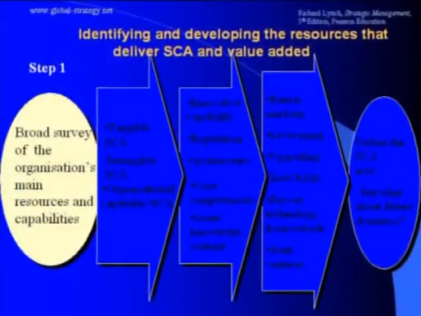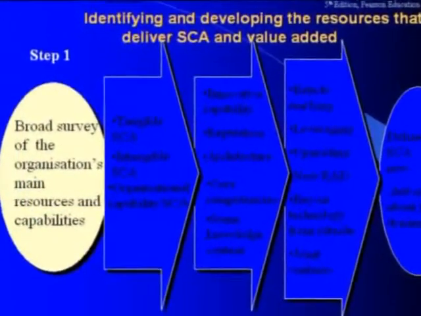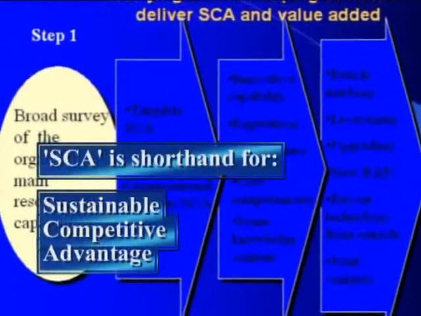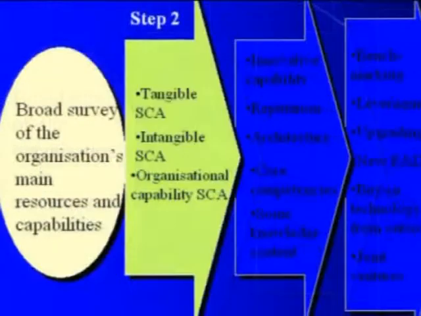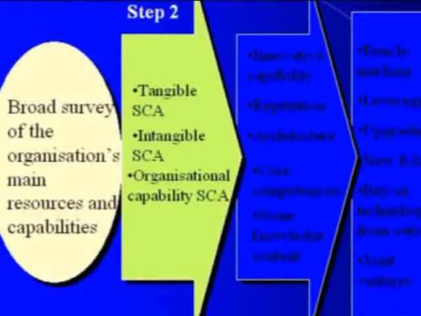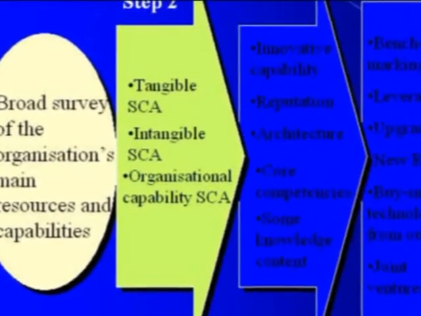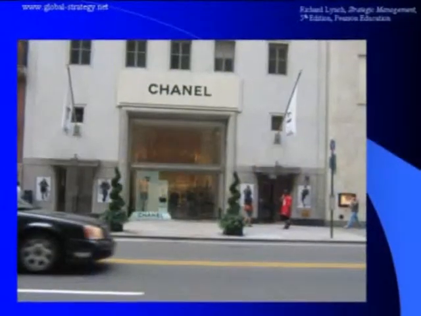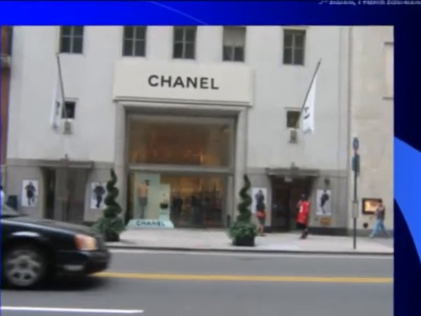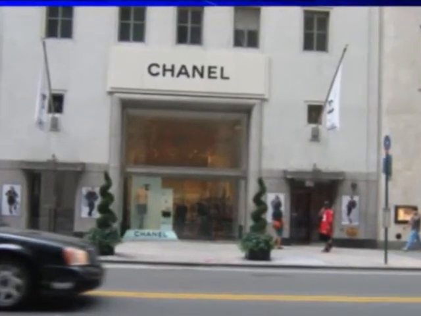In resource analysis, it's important to begin by analysing the complete range of resources and capabilities of the organisation. They form three parts: tangible resources, intangible resources, and organisational capability. For example, in the fashion industry, tangible resources would include the physical premises of the fashion company.